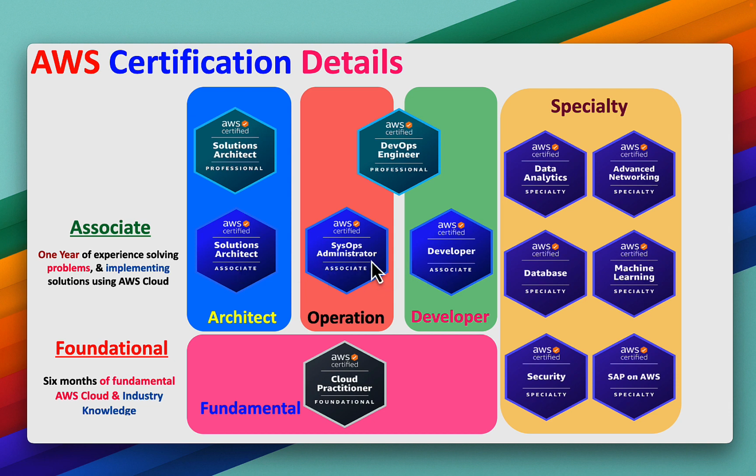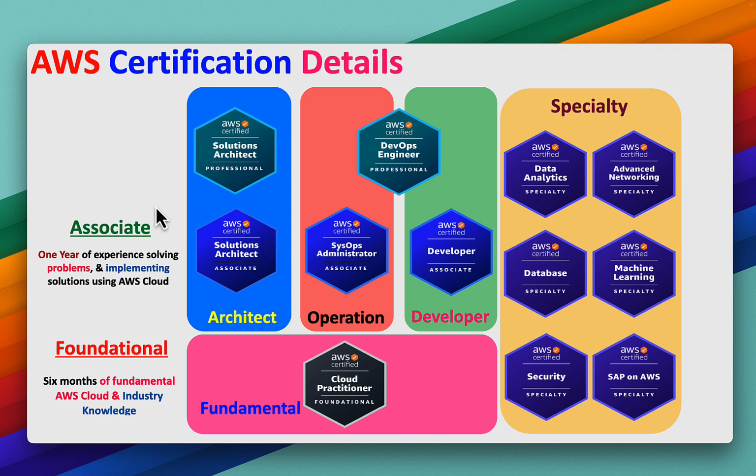People from a developer background can look out for Developer Associate, and they should have worked on the AWS environment from a developer perspective. Only then can we have more confidence in appearing for these certifications. The complexity level is higher compared to the Cloud Practitioner, and it needs a lot of preparation before we appear for these certifications.